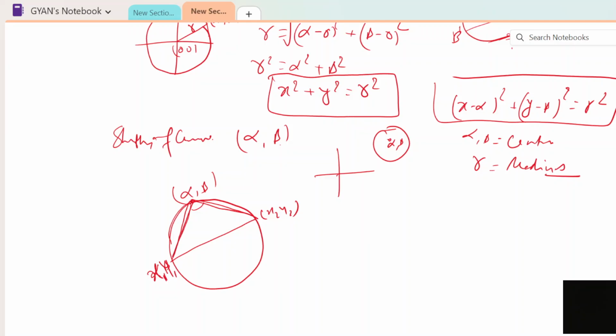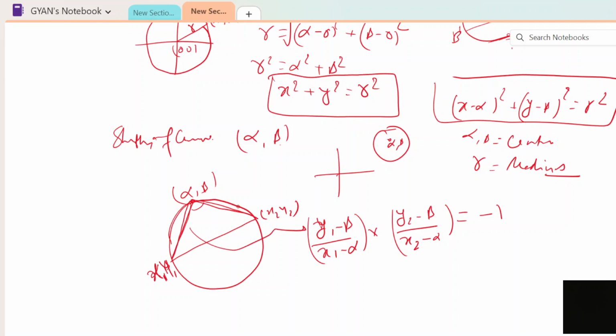Then the slope of this is (y1 minus beta) divided by (x1 minus alpha), into (y2 minus beta) divided by (x2 minus alpha), which will be minus 1 because perpendicular line slopes multiply to minus 1. So this is the slope of this line and this is the slope of this line.